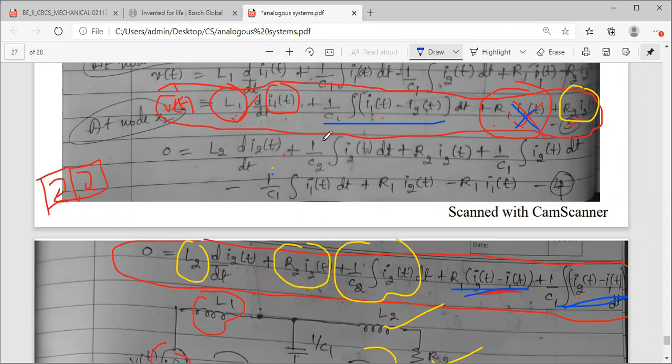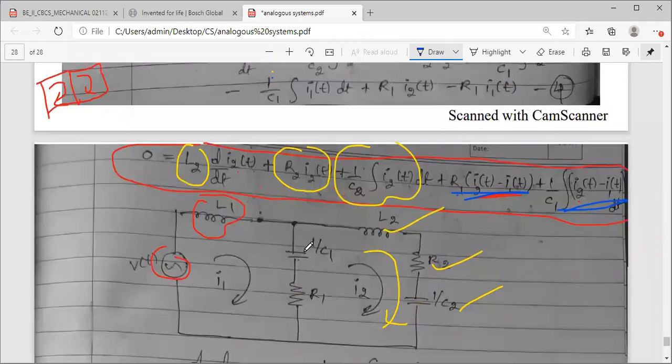Now coming to the blue color lines, which I have just highlighted, they are shared elements. 1 by C1, R1, okay, only two. So 1 by C1 and R1 are the shared elements between the two loops. So this is how we can draw the force voltage electrical network, the analogous electrical network.